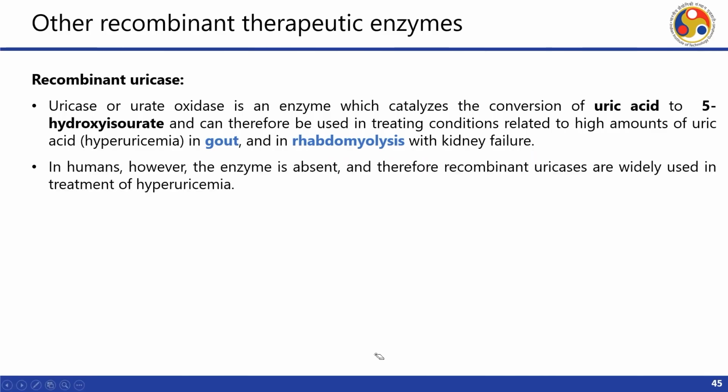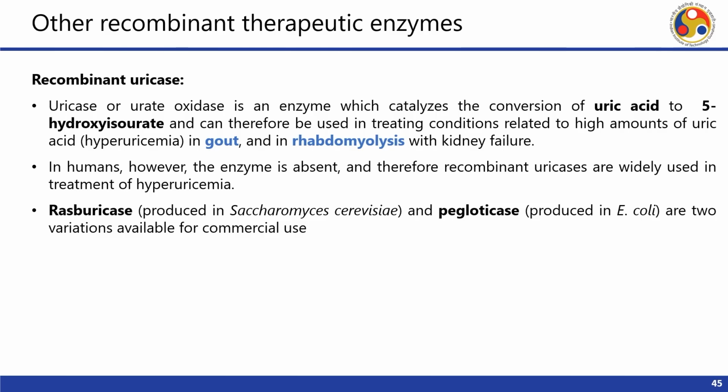In humans, however, the enzyme is absent, and therefore recombinant uricases are widely used in treatment of hyperuricemia. Then we have rasburicase, which is produced in Saccharomyces cerevisiae, and pegloticase, produced in E. coli. These are two variations available for commercial use.